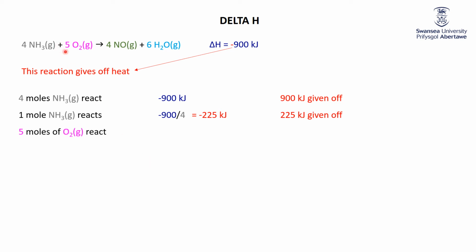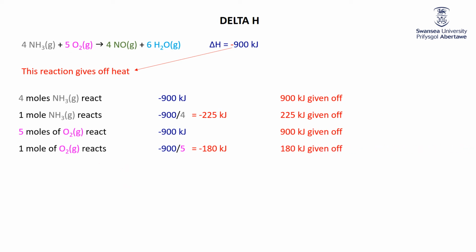According to the equation, when 5 moles of O2 react, the heat change is minus 900, or 900 kilojoules given off. On the other hand, if 1 mole of O2 reacts, you're not going to get 900 kilojoules heat change. You're going to get 900 over 5, or minus 180 kilojoules, because you've got 1/5 as much O2 as the equation is relating. So, in other words, 180 kilojoules given off.